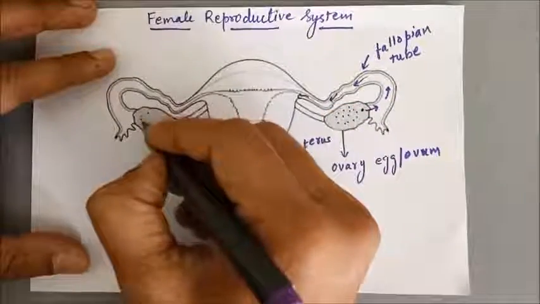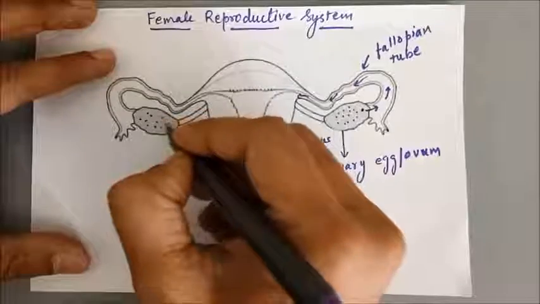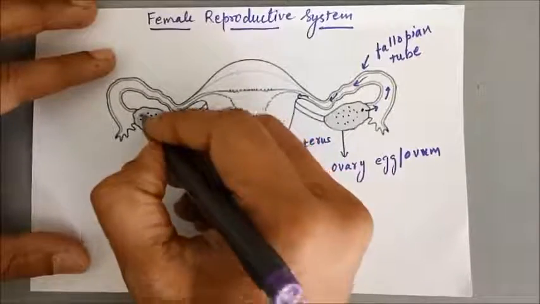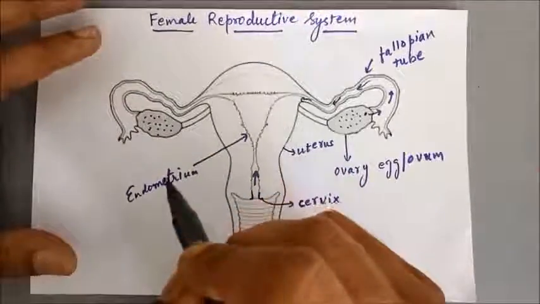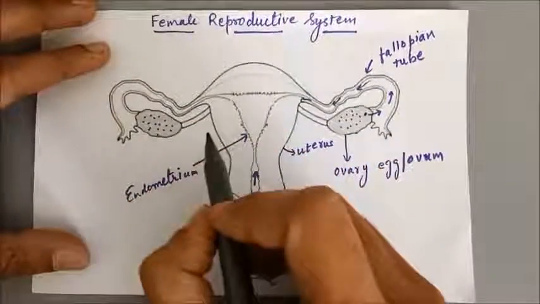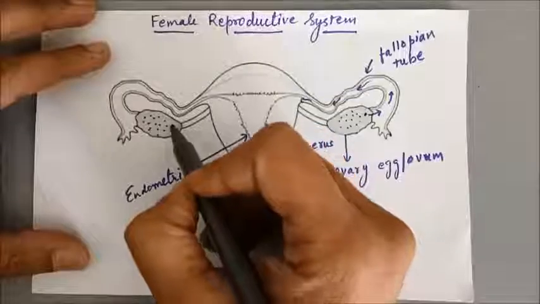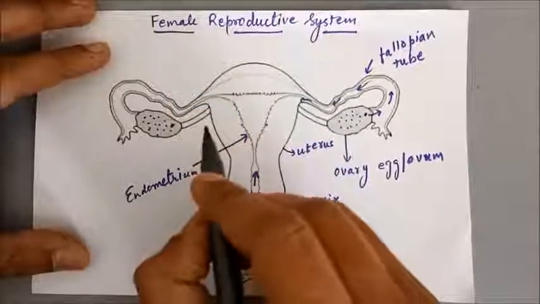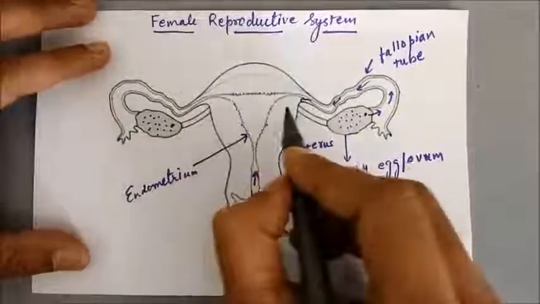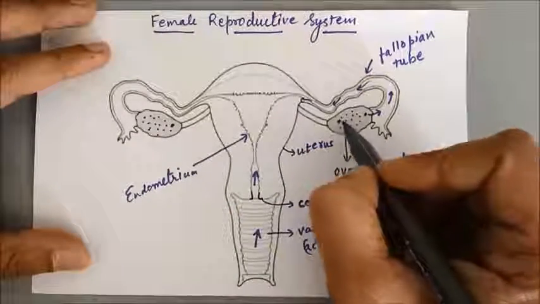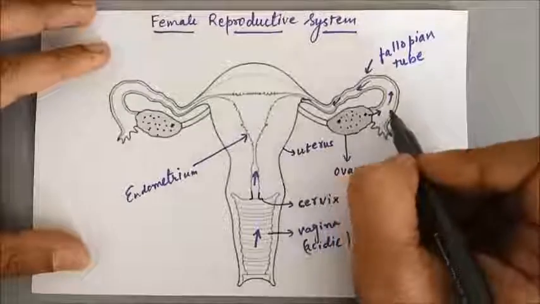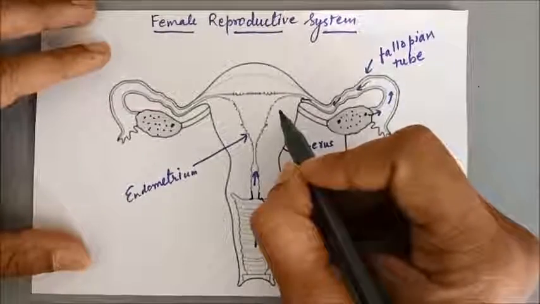Now, as discussed earlier, there are thousands of immature eggs which are already there in the ovary. Now what happens is, one egg is produced every month, alternately by each ovary. So for example, this month this ovary is producing the egg, and the egg travels ahead like this.